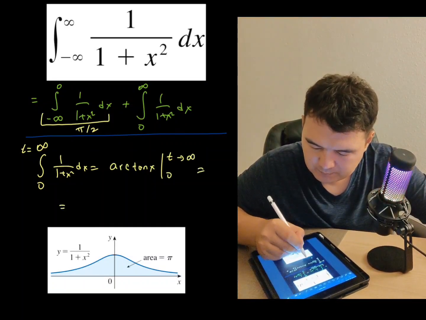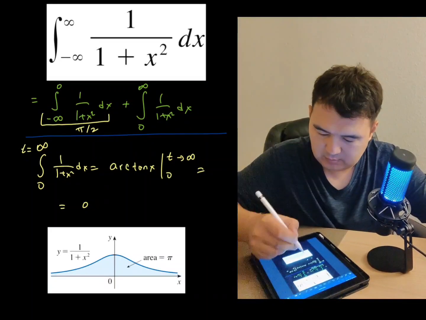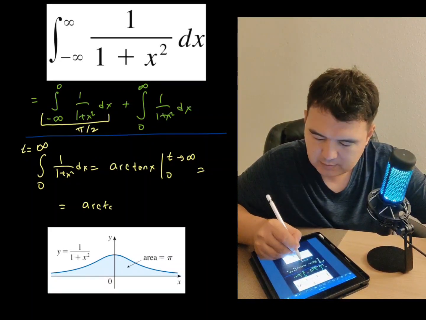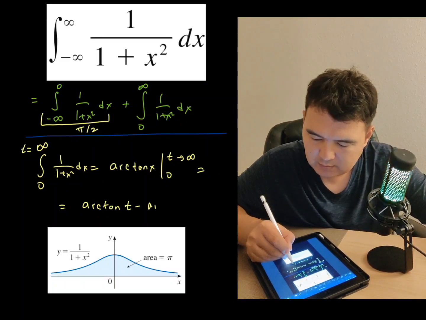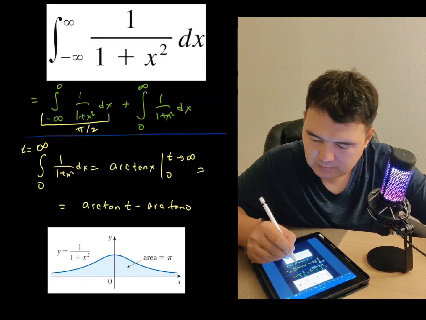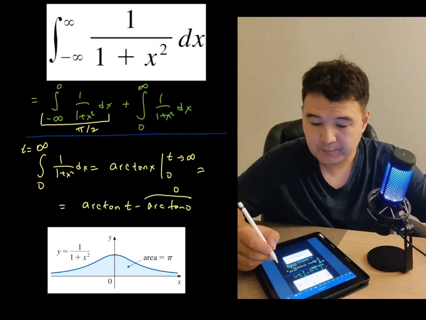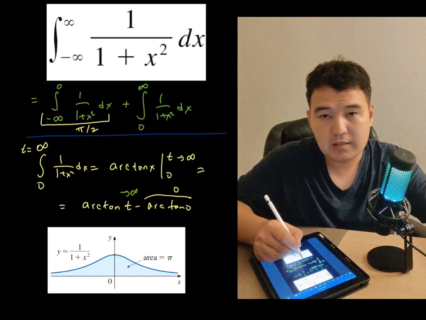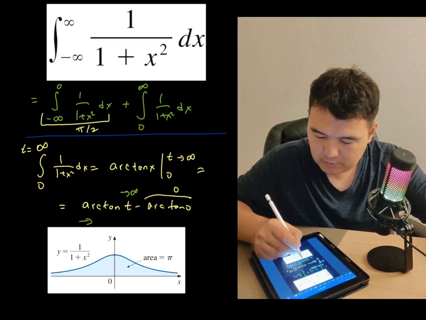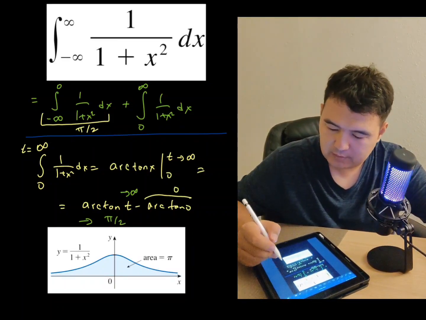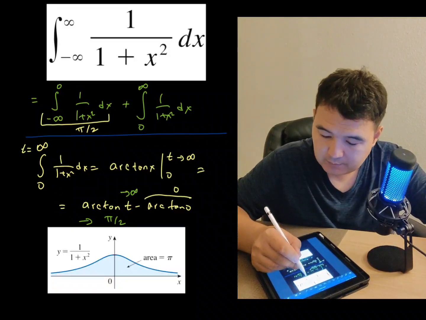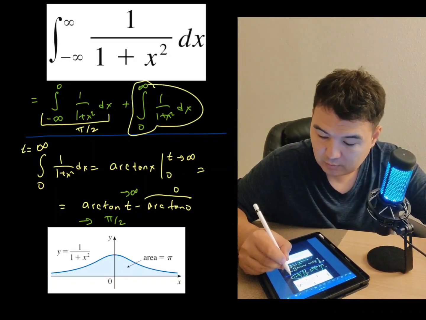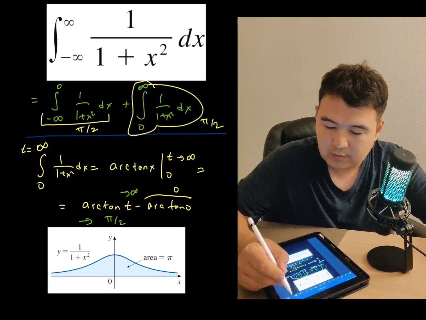So I will have arctangent t minus arctangent 0. Arctangent 0 is 0, and as you can see, as t goes to infinity, arctangent t approaches pi over 2. So the second part of my integral is also pi over 2.